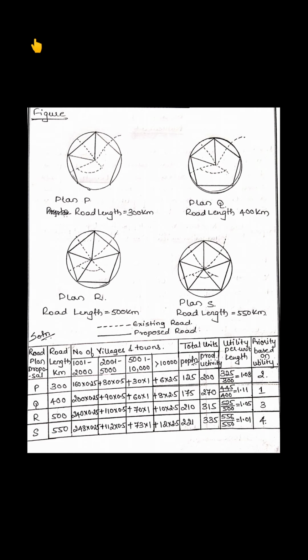In S the road length is 550. All the 5 corners of the pentagon are connected to the center. You can see the difference among these figures here, and we come to know how the proposals are given.